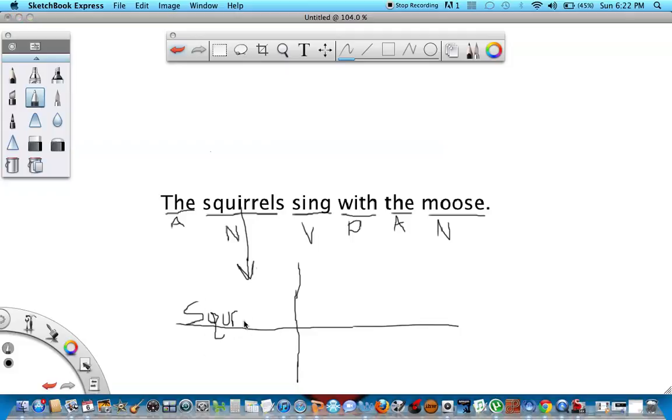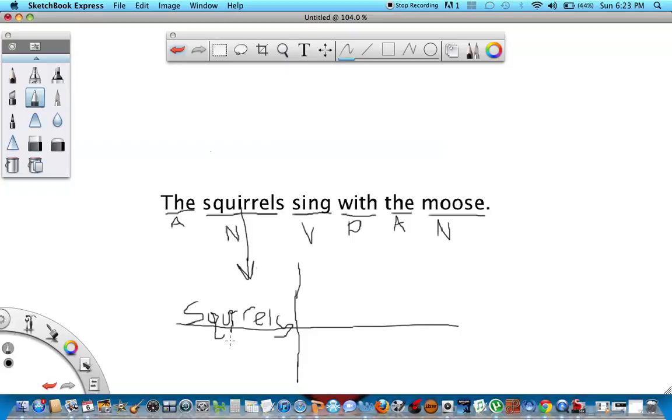Sorry about that. Right click, left click. And then I forgot the I, so let's just pretend the I is right there. Okay.